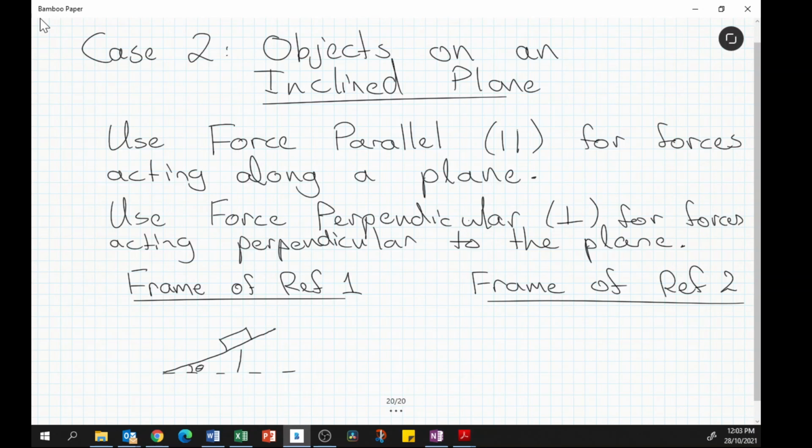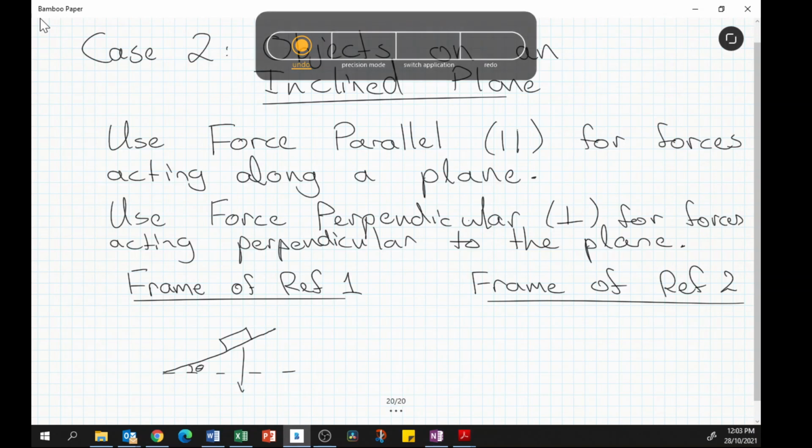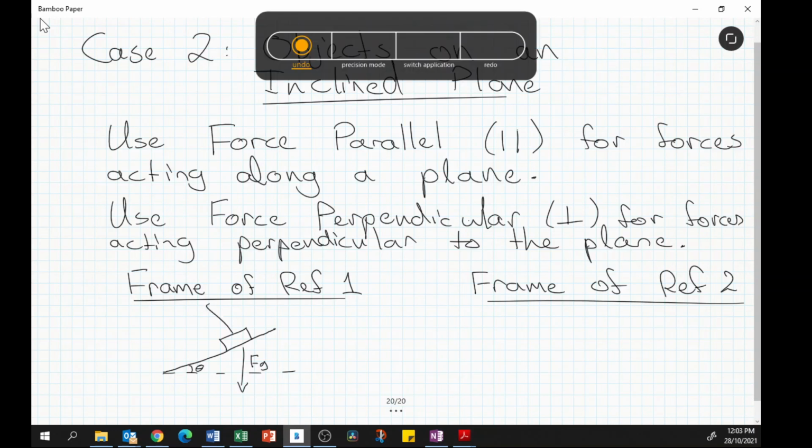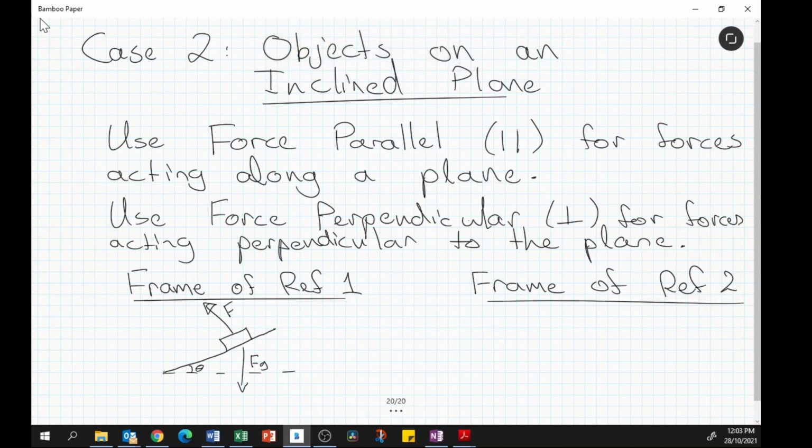That object will have a gravitational force acting downwards and a normal force acting perpendicular. Now, in this frame of reference, your normal force is on some angle. But generally, the angle is given at the point of the incline's elevation, which is hard to match to the normal force.